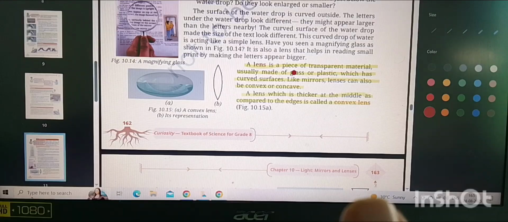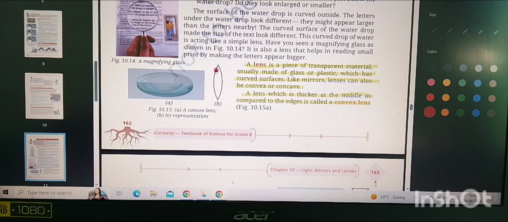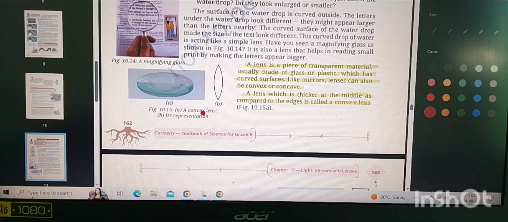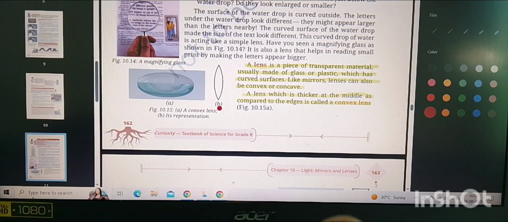A lens is a piece of transparent material, usually made of glass or plastic, which has curved surfaces. Like mirrors, lenses can also be convex or concave. That is the thing we have to understand. Like we learnt in mirrors, there are also two types of lenses, that is convex lens and concave lens.